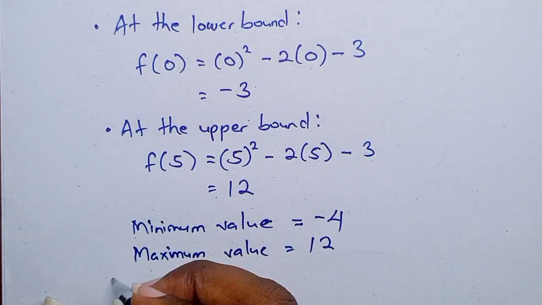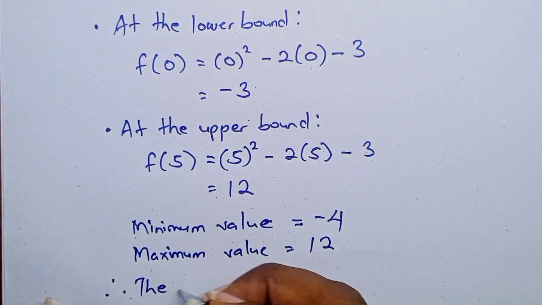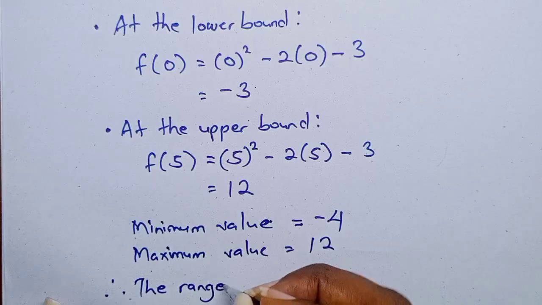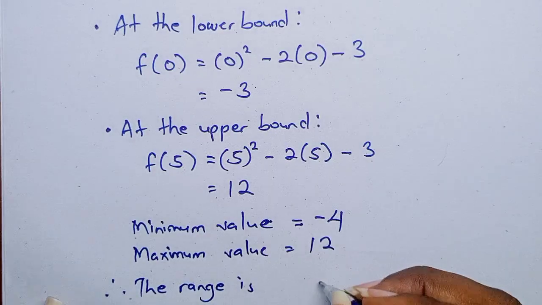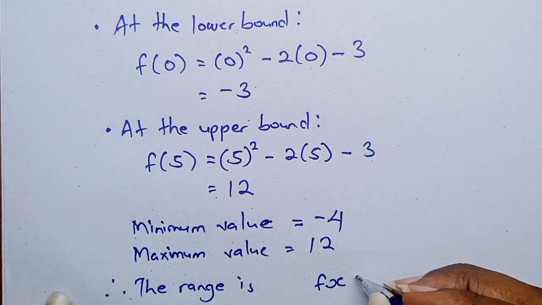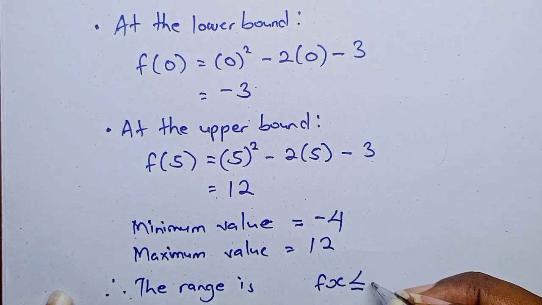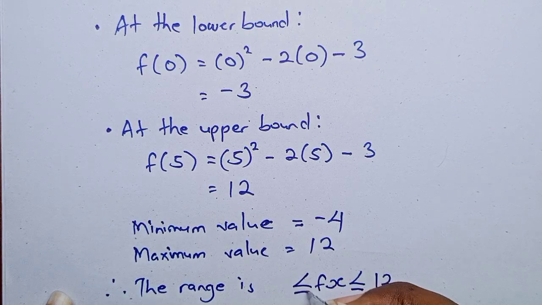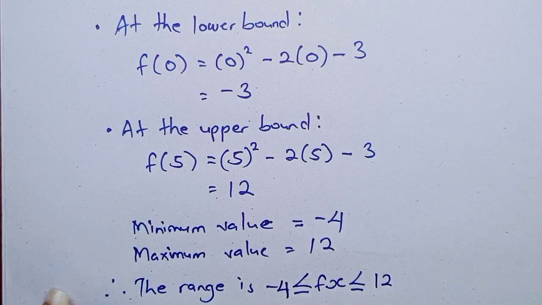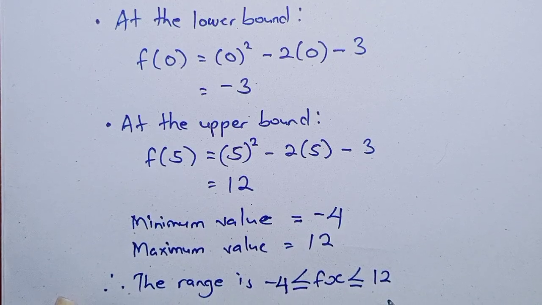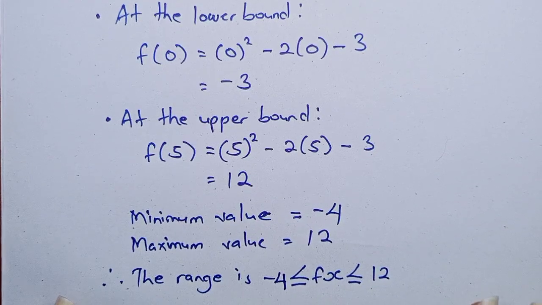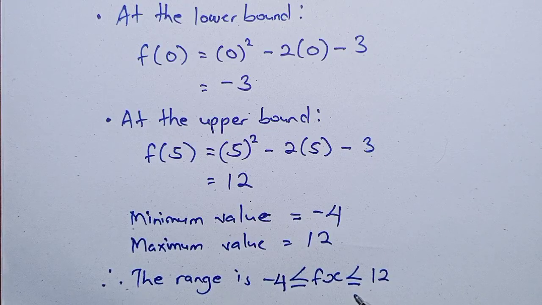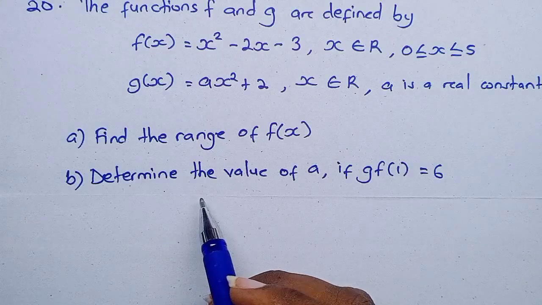Therefore, the range of the function is, so f of x is greater than or equal to negative 4, but less than or equal to 12. So that's how you find the range of a function.